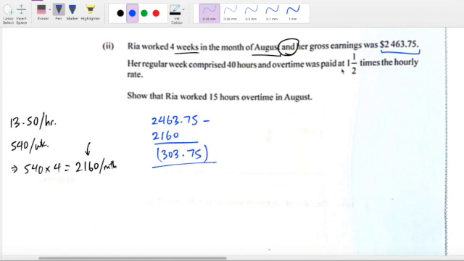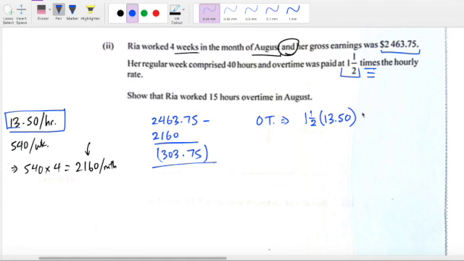So she was paid 1.5 times the hourly rate. So the normal hourly rate is this, but for overtime she was paid 1.5 times the hourly rate. Right? So this is how much she would get for each hour of overtime, 1.5 times the normal rate, right?